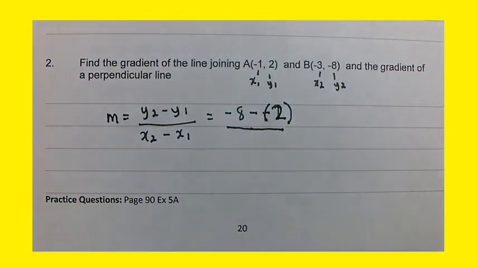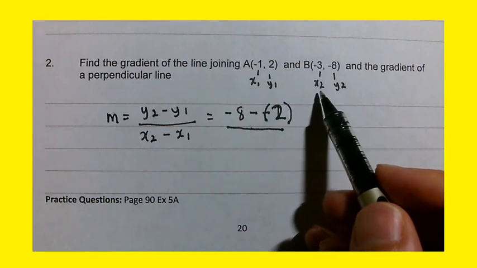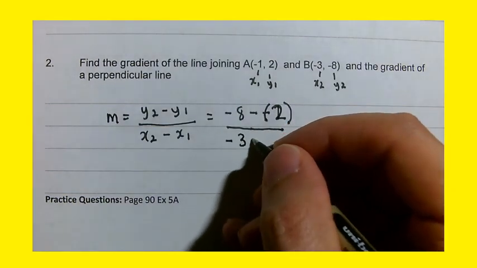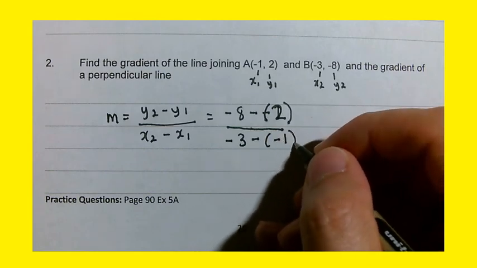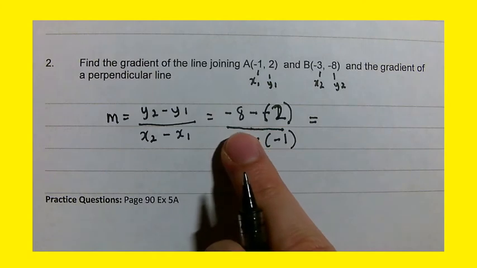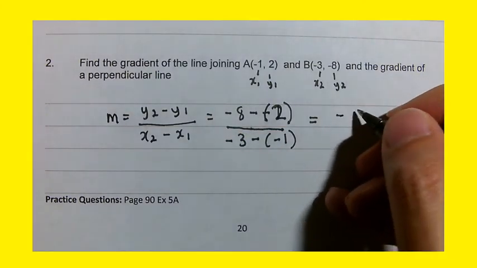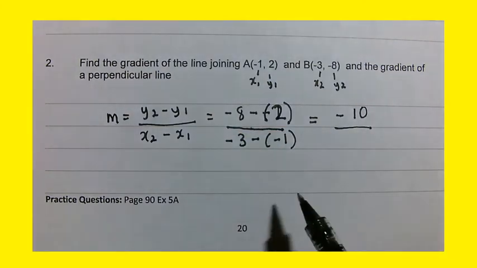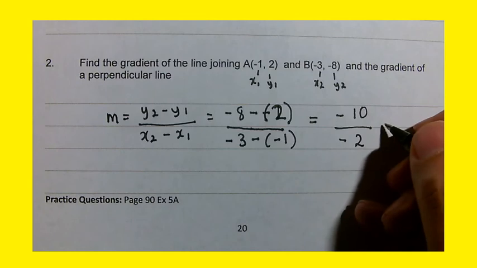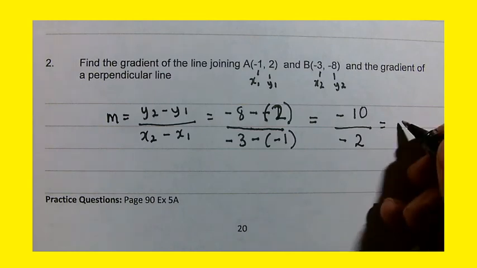And I've got to do x2 minus x1, so minus 3 minus 1. So I've got minus 8 minus 2, which is minus 10. Now minus 3 minus 1 is minus 3 minus 1, which is minus 4. Minus 10 divided by minus 2, the minuses cancel, and you're left with 5.